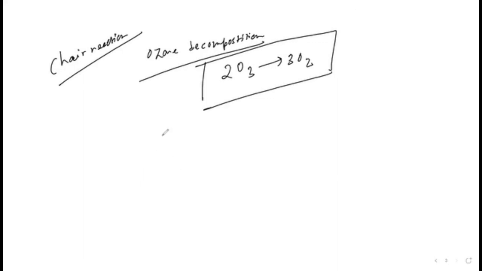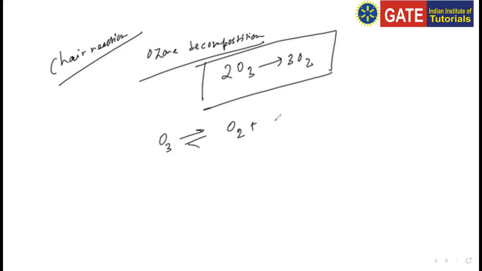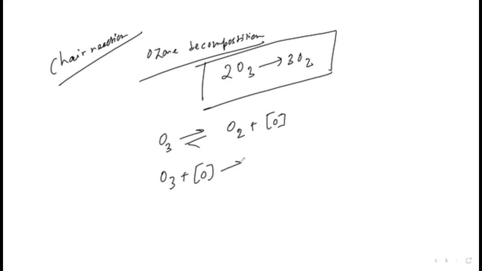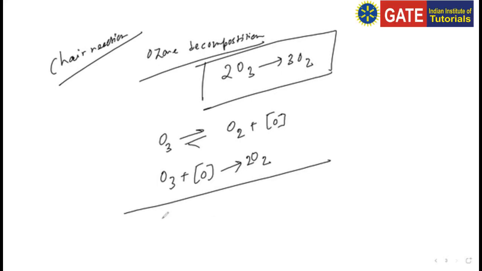But how does it happen? Let's say O3 plus nascent oxygen. This O3 again reacts with the oxygen, giving the overall reaction. This is K1.